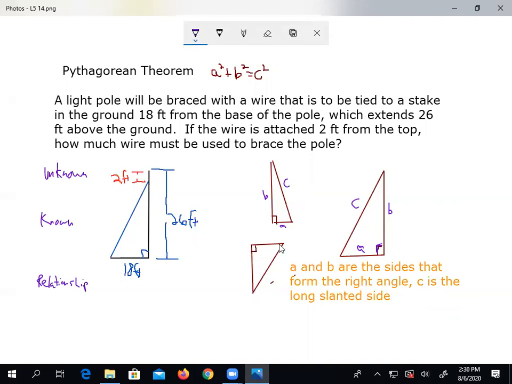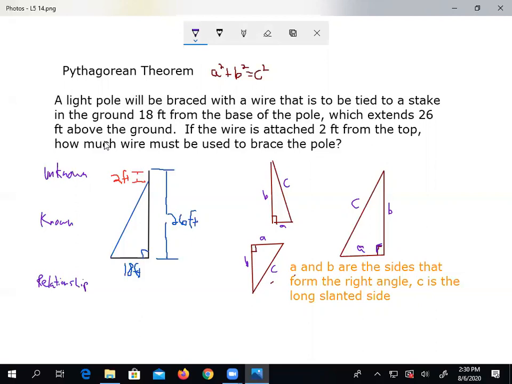This right triangle here is kind of going in another direction. But notice there's the right angle, and A and B are the sides that make the right angle, and the C is the slanted side. As long as you have the A and B next to the right angle, it doesn't matter who you call A and who B. They just have to be adjacent to the right angle. And the C is the slanted side.